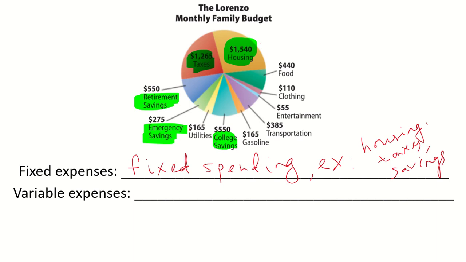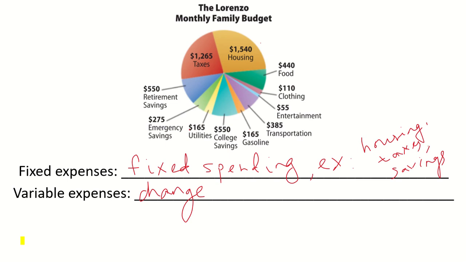Okay, so it would make sense that we're heading in the opposite direction when it comes to variable expenses. Variable expenses change. They change month to month. So let me use a different color and we'll identify what are things that could change month to month.